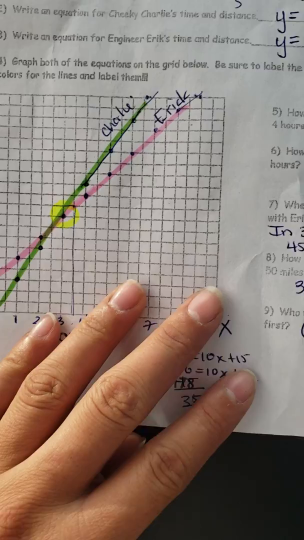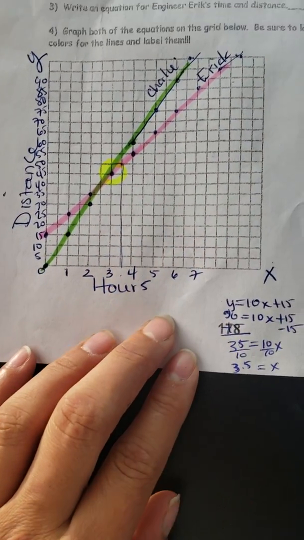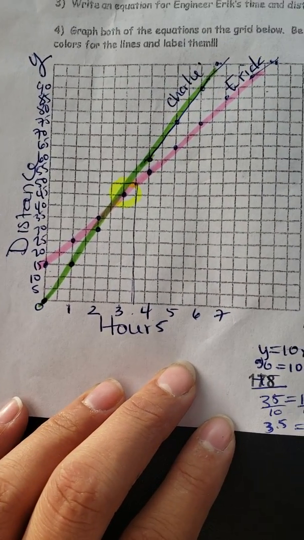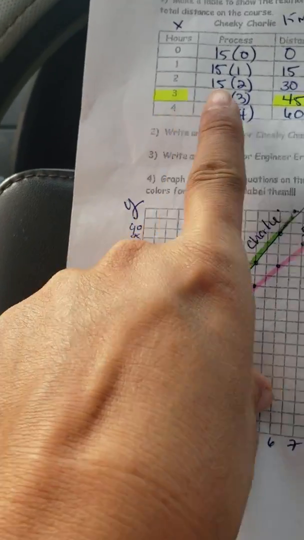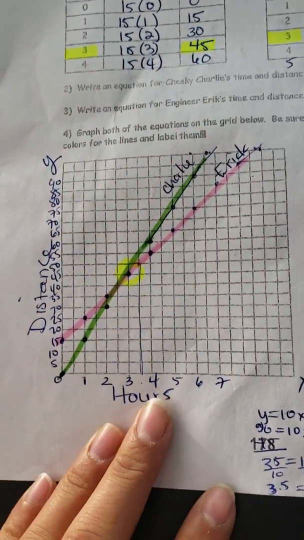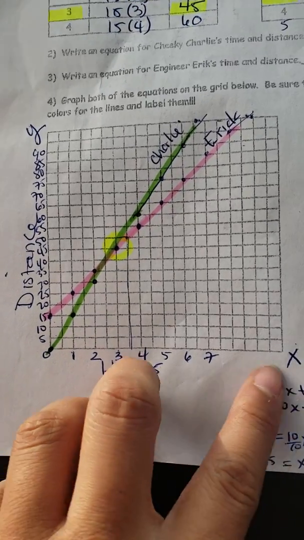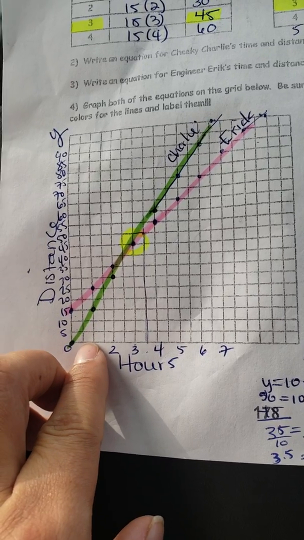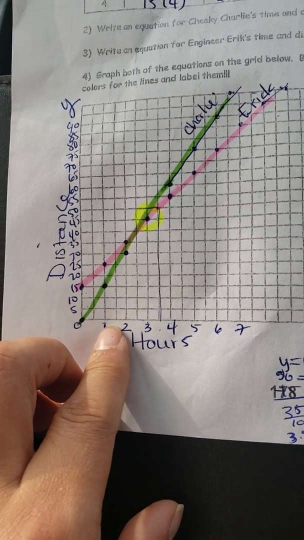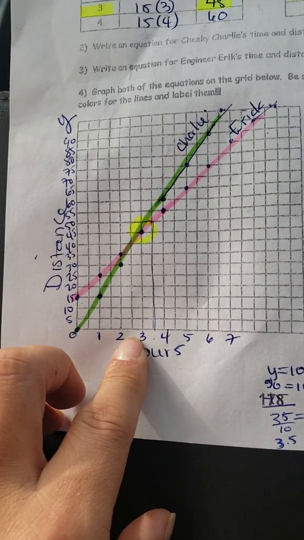All right, and then the next part, we had to graph it. I asked you guys to do it in different colors. So our x variable, again, is hours. Our y is distance or miles. So we label this x. Since we have such few numbers, I skipped one line and then made this one 1, skip another one, 2.